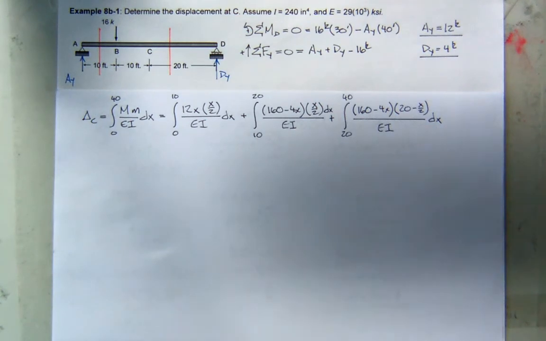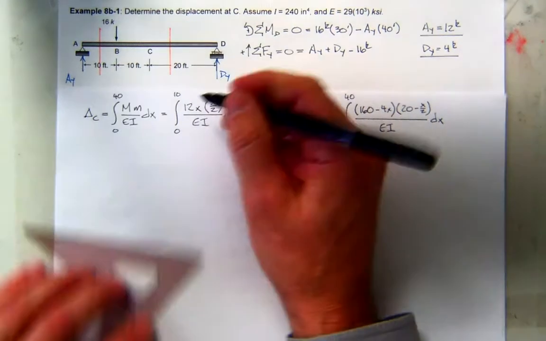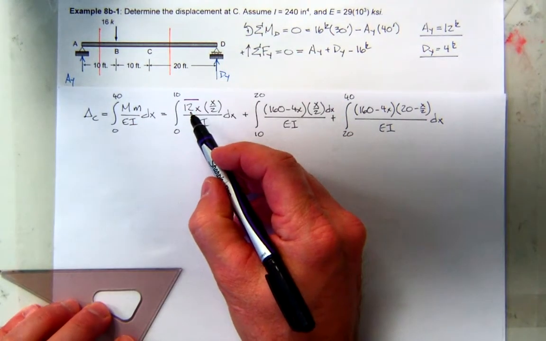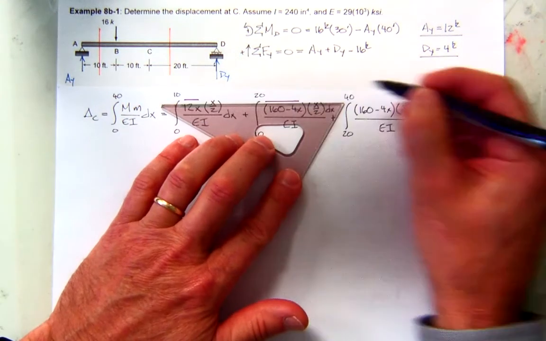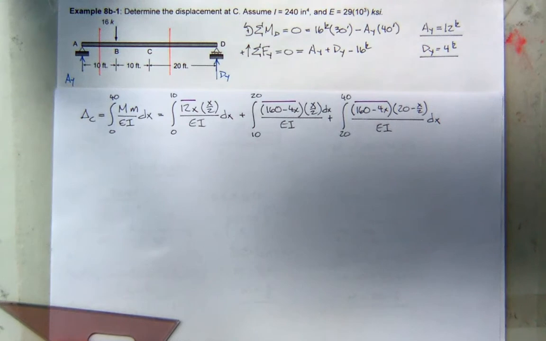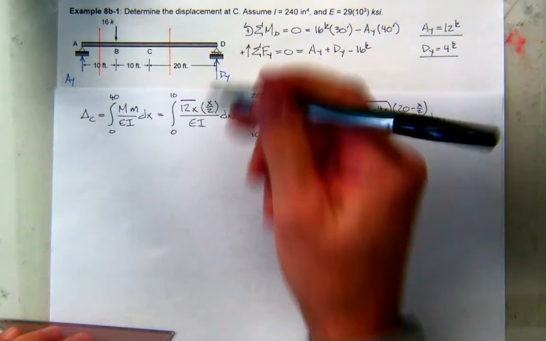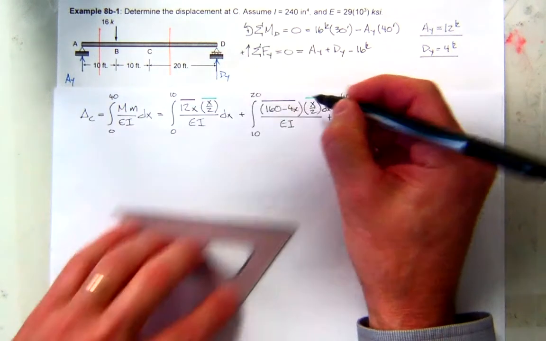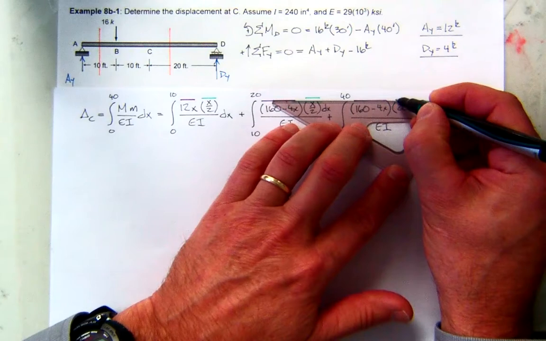So let's see if I can color code this to help you out a little bit. So remember, that's my real moment. See, it's a different value from 0 to 10. And then from 20 to 40, that's my real moment. On the other side, my virtual moment here is good from 0 to 20, and then it's a different value here.